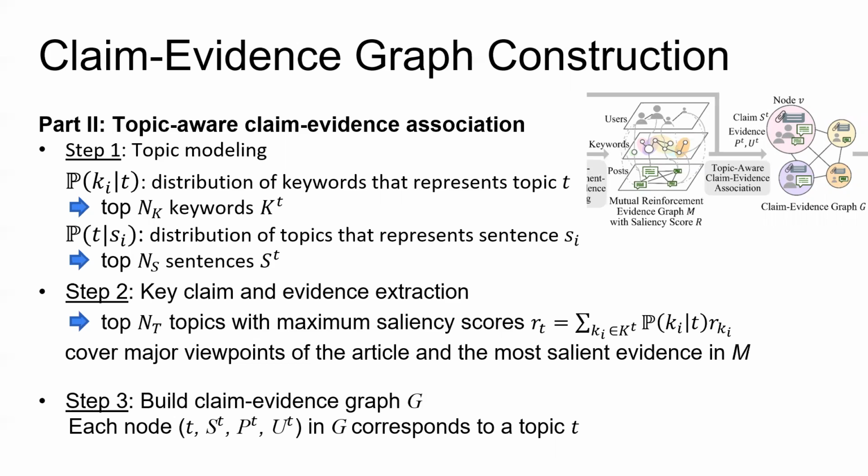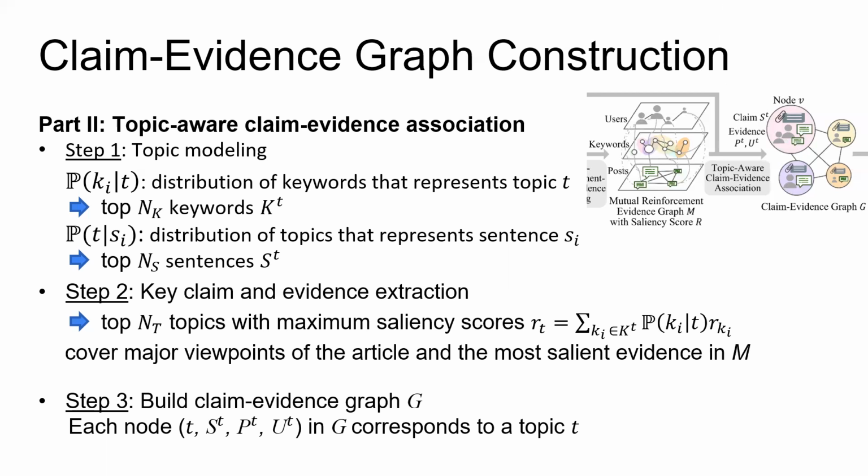We also do key claim and evidence extraction to retrieve top NT topics with maximum saliency scores, which are computed according to the saliency score of keywords. Finally, we build the claim evidence graph G, which is the graph shown to the right.